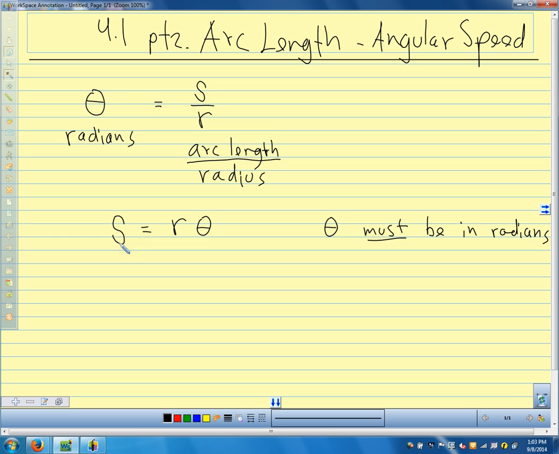So the kind of question that you might see with this kind of problem, I want to ask it in the terms that the book may ask you the question.